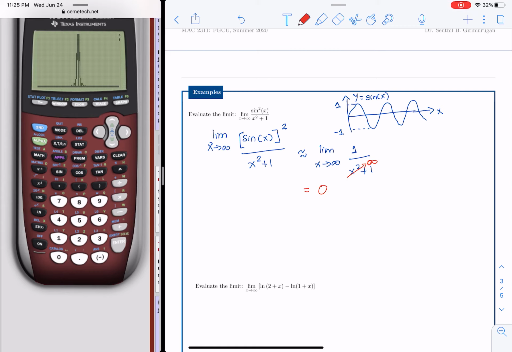So you can see that as x approaches infinity, the value would approach 0 on the x-axis. Let me zoom further here. Perhaps I can set the axis from 0 to 0.2. And you can see it just drops down to 0.